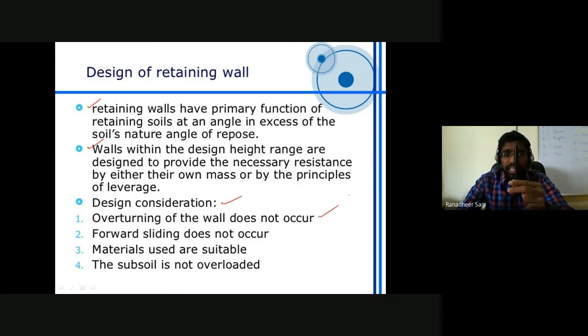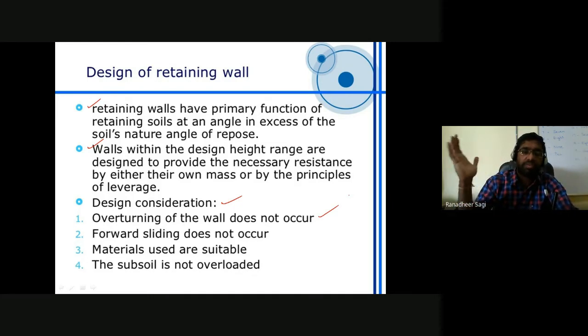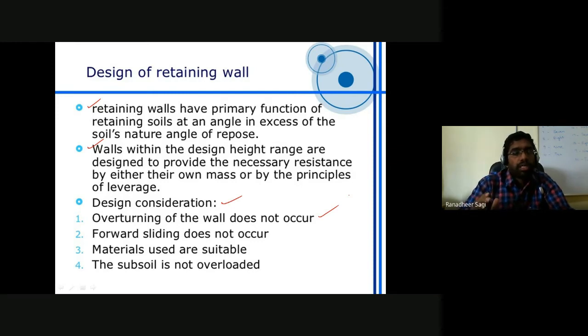And you should not see that the retaining wall is moving in the forward direction. That means there should not be any sliding happening in the position of the retaining wall. The retaining wall still is vertical without any rotation, but what happens is, instead of staying here, it starts moving in the forward direction because of the excess earth pressure coming from the adjacent soil, which the retaining structure is trying to retain on the higher elevated side.